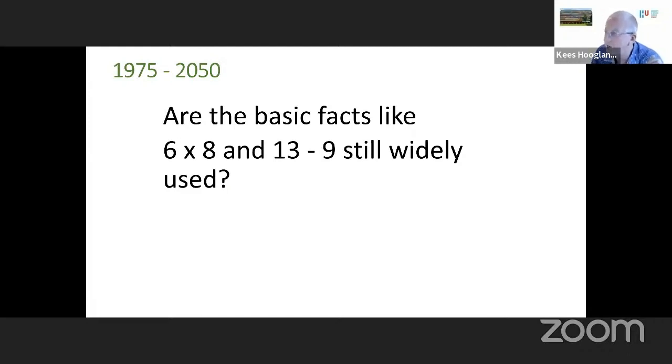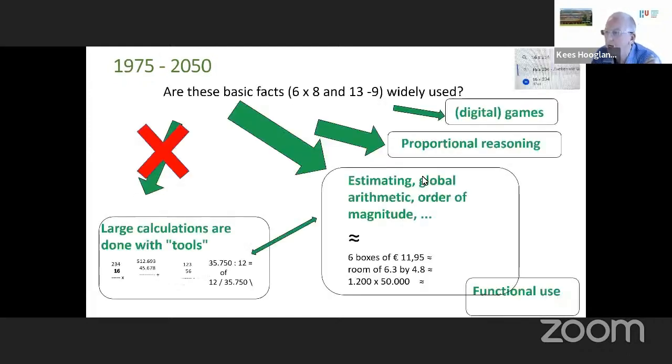So are these basic facts still widely used? Yes, probably, but not to do those large calculations, and more about estimating, global arithmetic, order of magnitude, proportional reasoning, digital games, and functional use. So we really must develop this in our education.